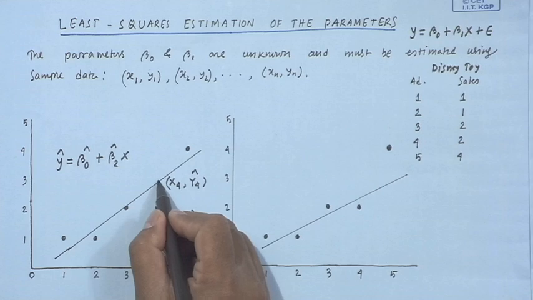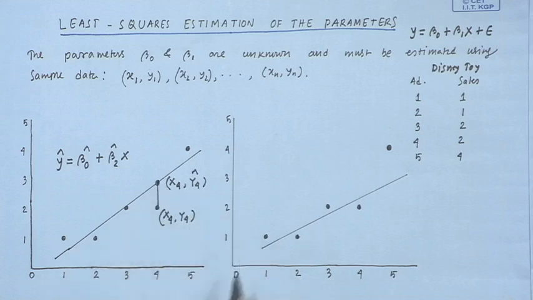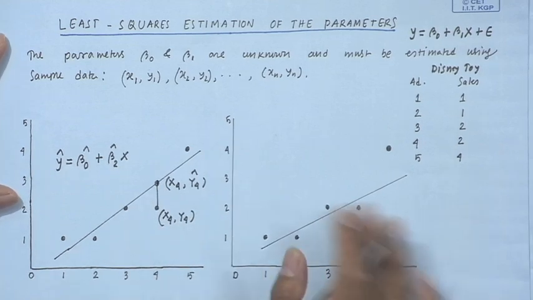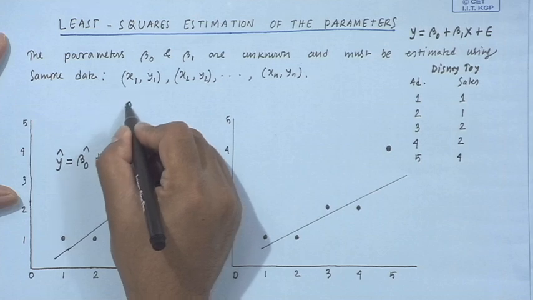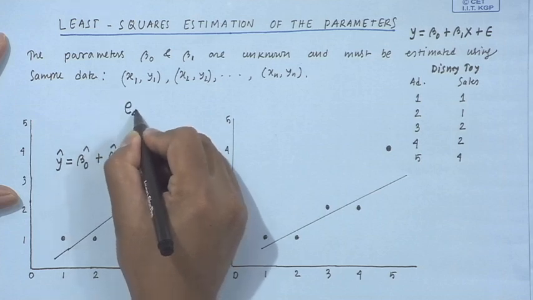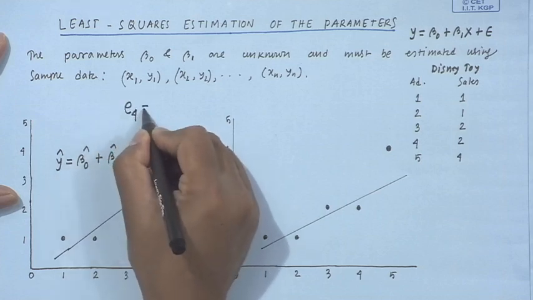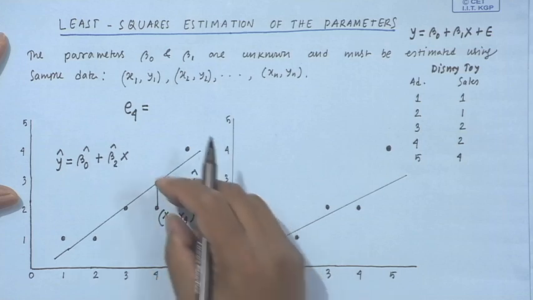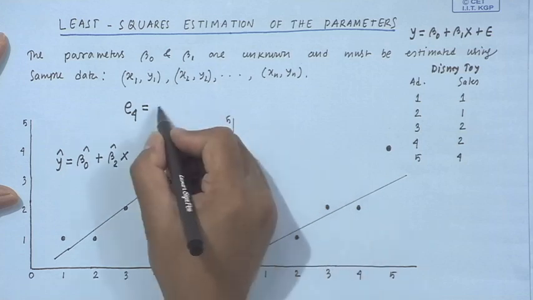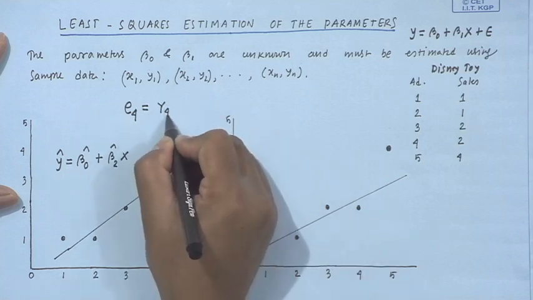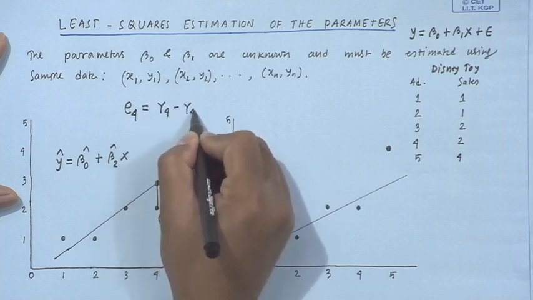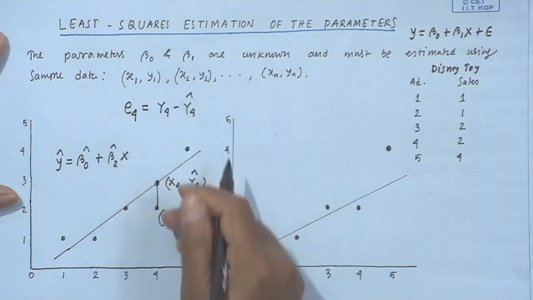So, the vertical discrepancy, let me write that as e 4, that is called the residual for the fourth observation. So, e 4 is equal to this distance, that is y 4 minus y 4 hat.